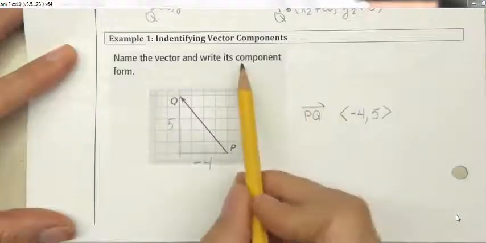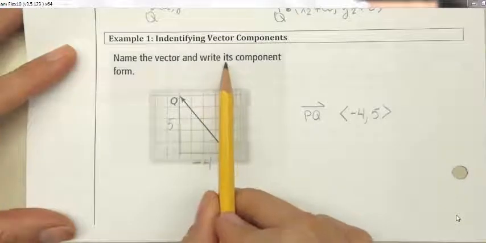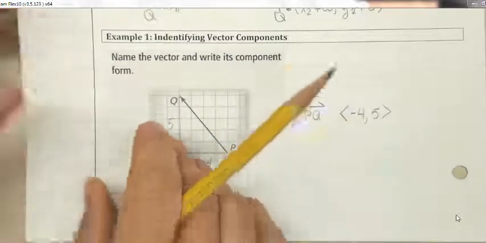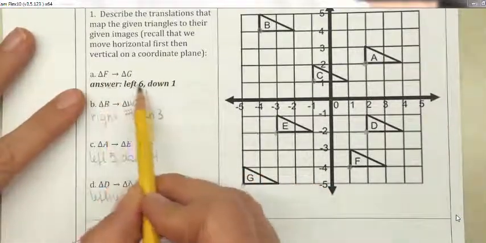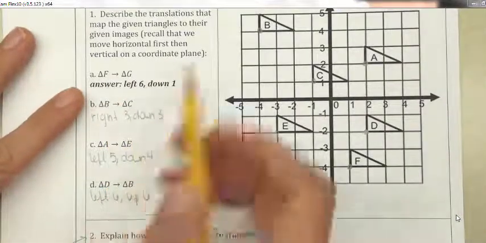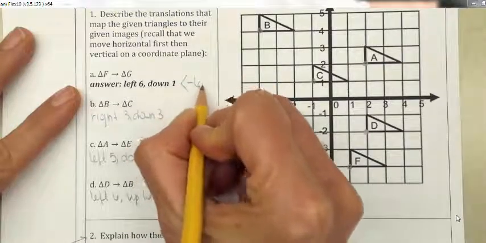So let's go back to what we did in the beginning, the exploration, and let's write the component form of each of the translations that we described on the first page. If we went left 6 and down 1, that vector is going to be -6, right?